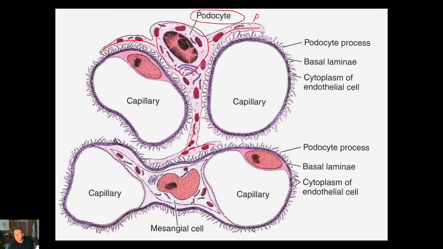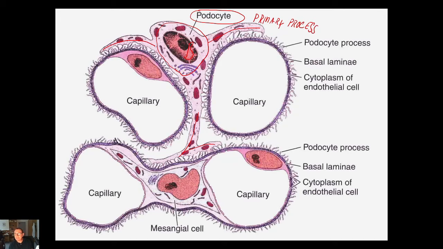So body with a nucleus and some big organelles, then primary process, and primary processes don't touch the surface of capillaries properly.